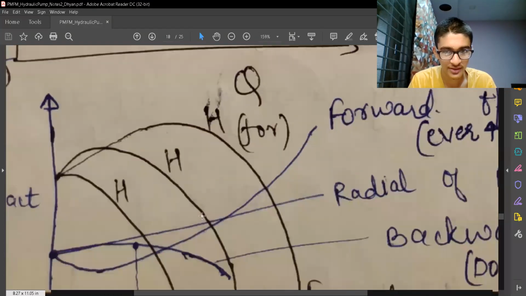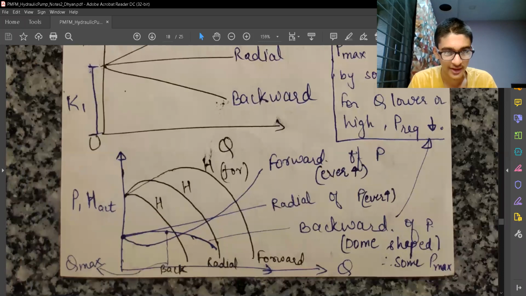Another important performance characteristic is power or actual head with respect to flow rate, and now we are going to compare for three different types of blade. So first, H theoretical, sorry, theoretical, not actual head. We have three different curves. First, the black ones are for forward, radial and backward blade.